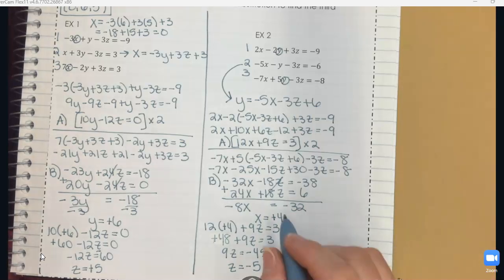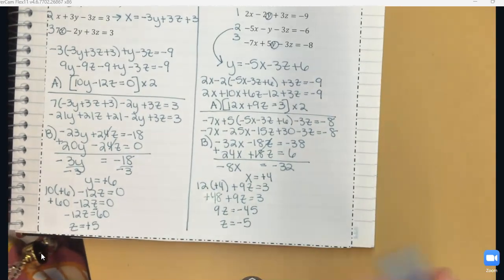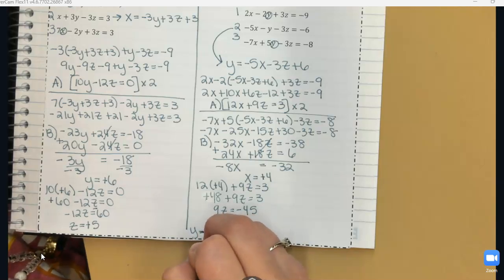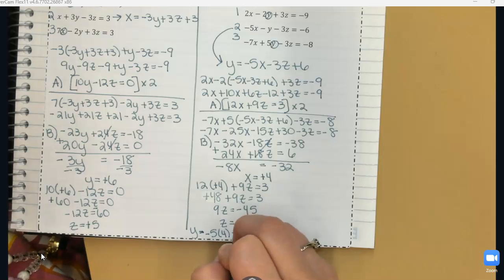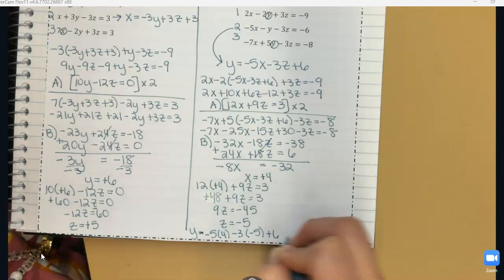So now I know x and I know z. I can use that to solve for y. So y is going to equal negative 5 times 4 minus 3 times negative 5 plus 6.